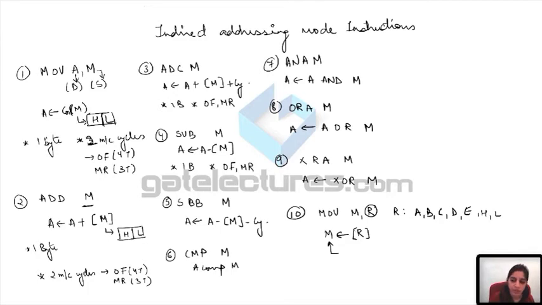Whatever the contents of this register are, they are going to be stored in the memory. What address? Address pointed by HL pair. Whatever address this HL pair is pointing, we are going to store our contents at that address. This is how you can write memory. This is a memory writing instruction. So this is also 1 byte long, and having 2 machine cycles, opcode fetch and memory write.